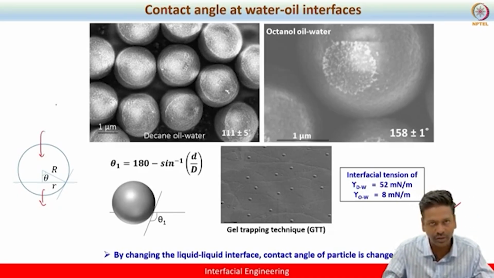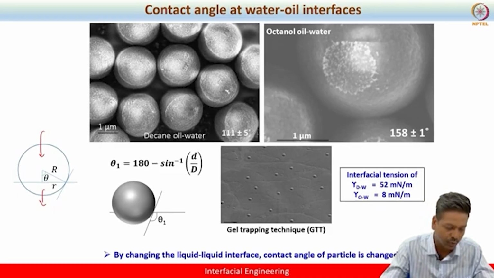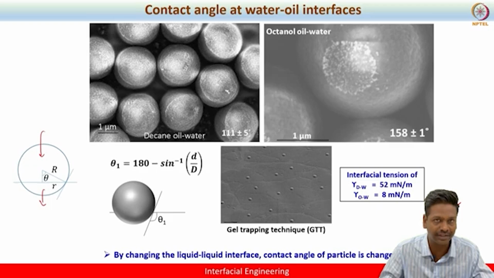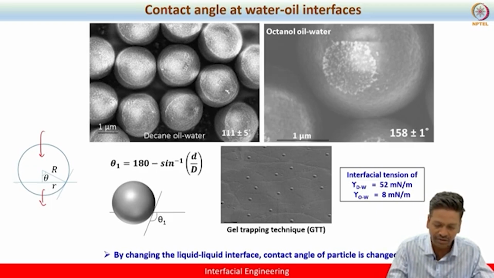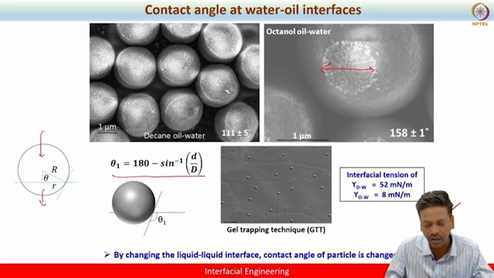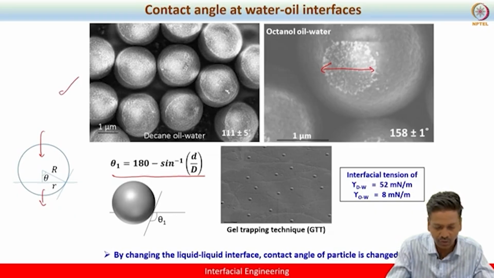So what one can do is, using carbon tape, flip the particle so that the bottom part is now up for examination. In that way, you can measure the small d, which is the coated region in this case. By using the geometric rule, one can measure the theta for a hydrophobic particle. Here we have shown different cases: one is a decane oil-water case and the other is an octanol oil-water case.